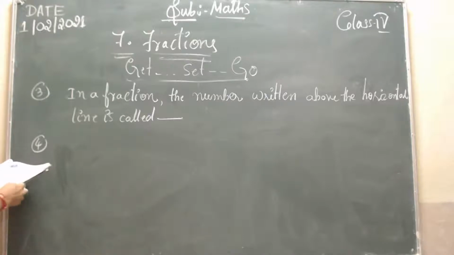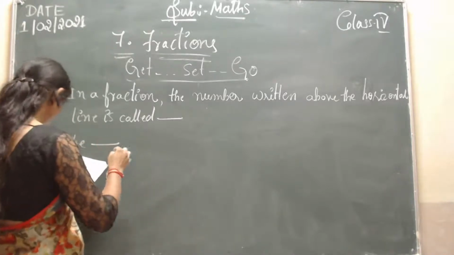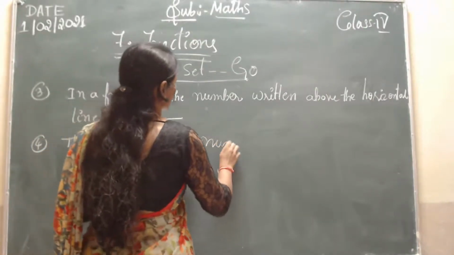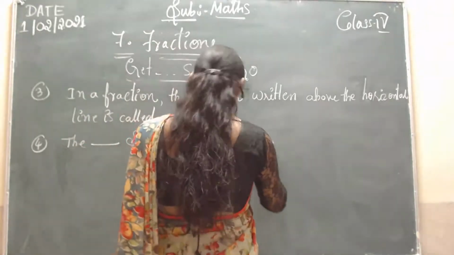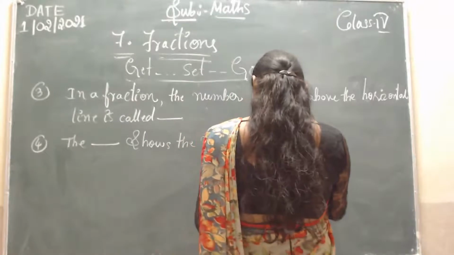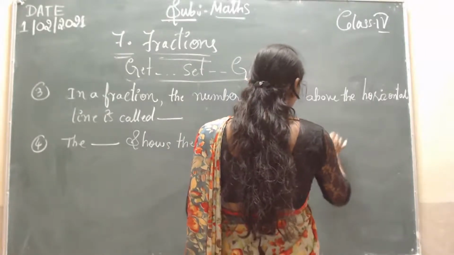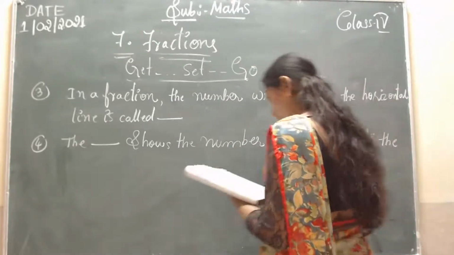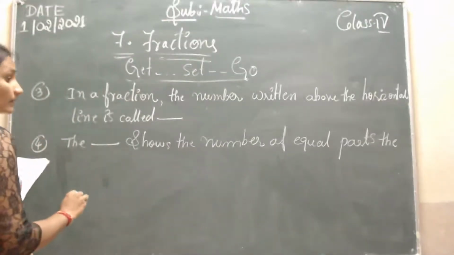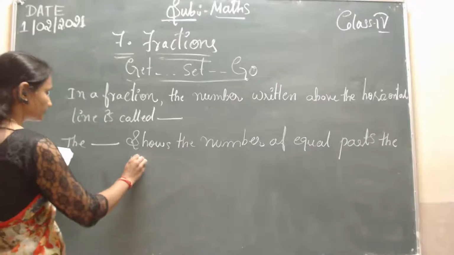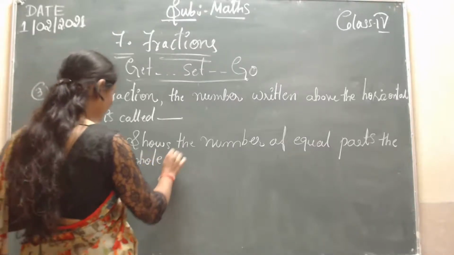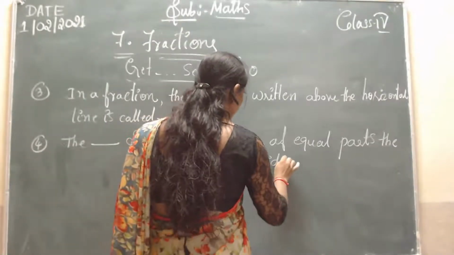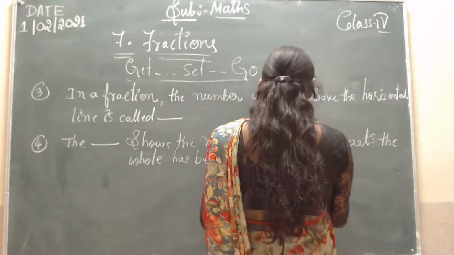In the third explanation, the dash shows the number of equal parts the whole has been divided into.